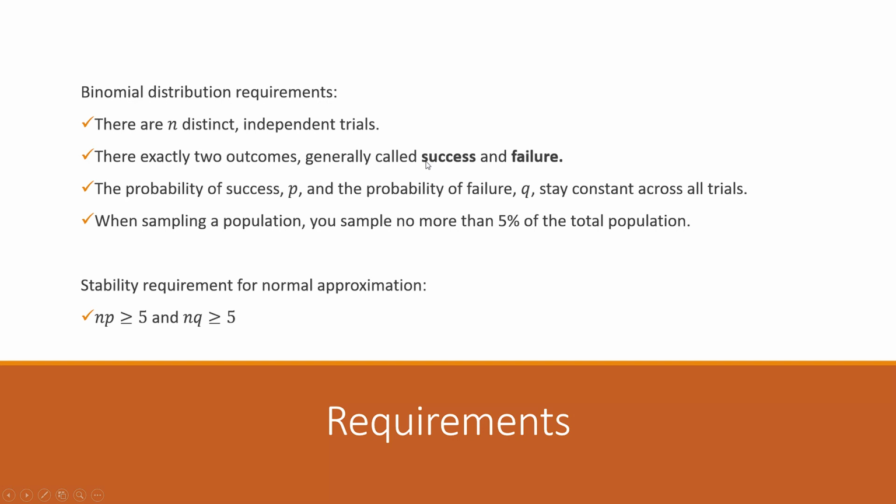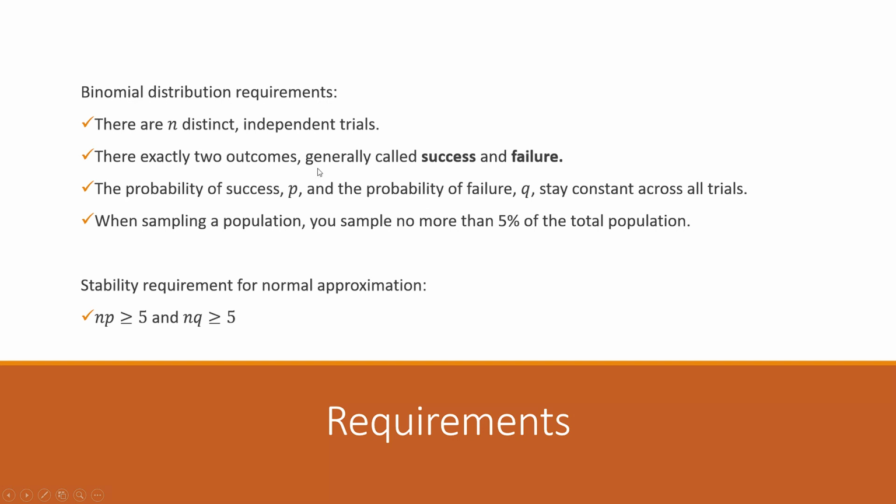And the probability of success stays constant across all trials. Of course, by extension, so too does the probability of failure. And just as a reminder, whenever you're doing this and you want to preserve randomness, make sure you're never sampling more than 5% of the total population. That's all stuff we've seen before. We all are familiar with those requirements.